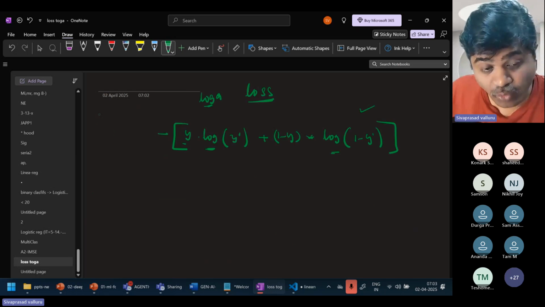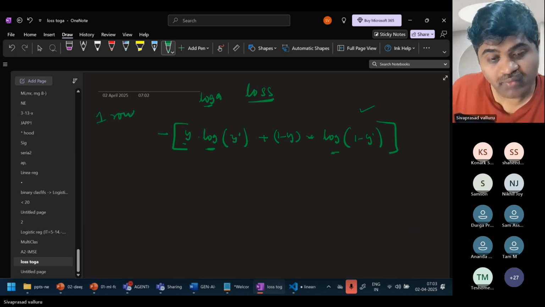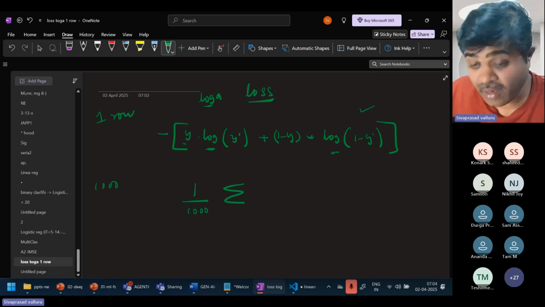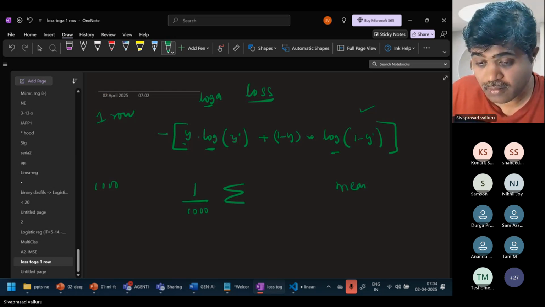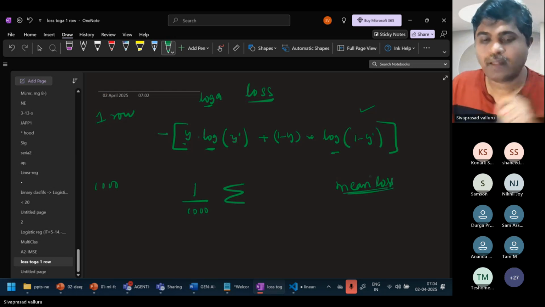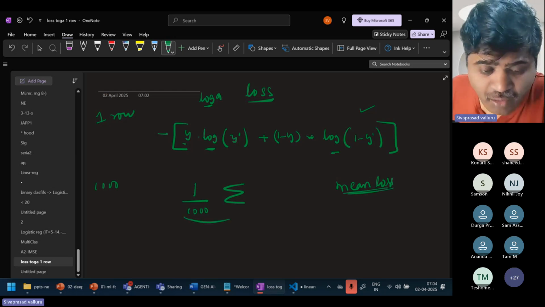This is loss for one row. I have 1,000 rows. What I will do, I'll compute the sum of all the losses and divide by 1,000. That is my mean loss. Okay. I've got some loss, mean loss.